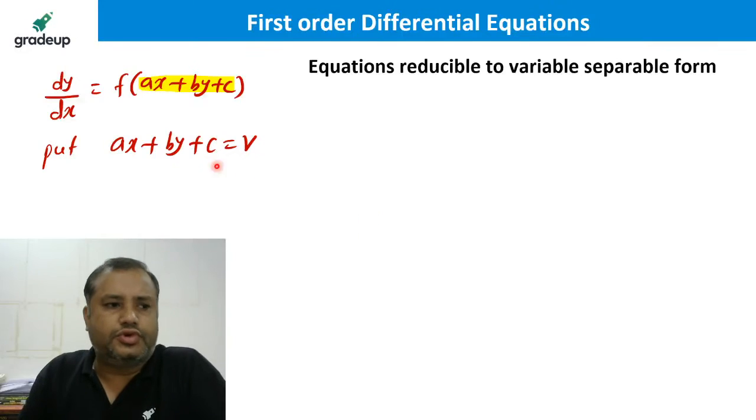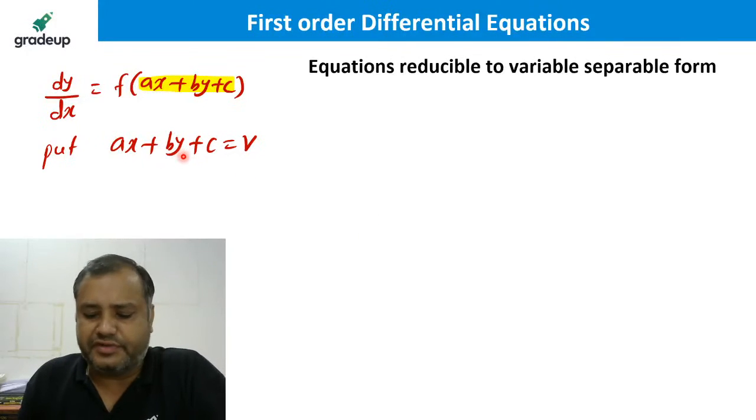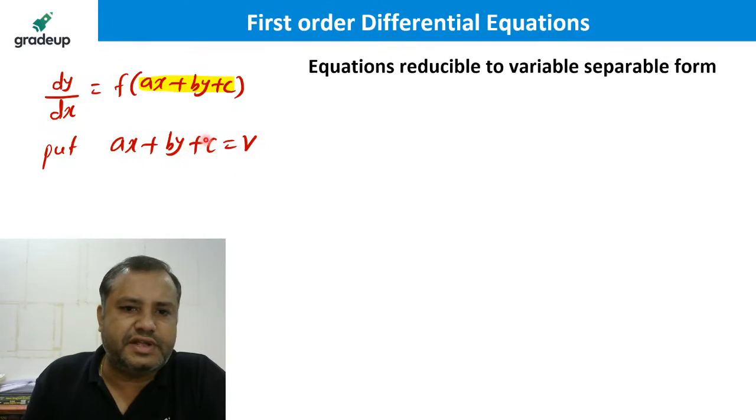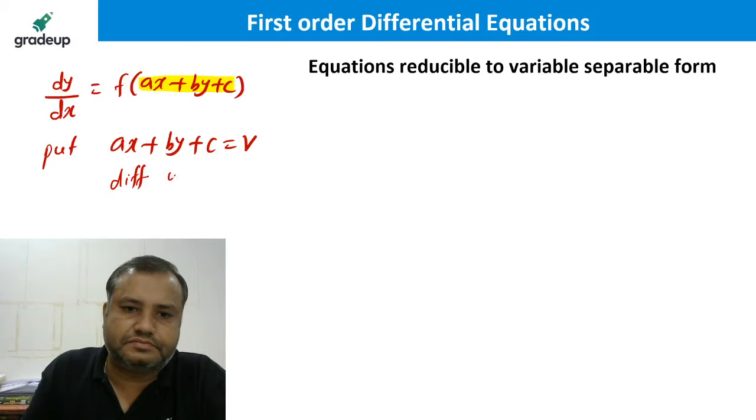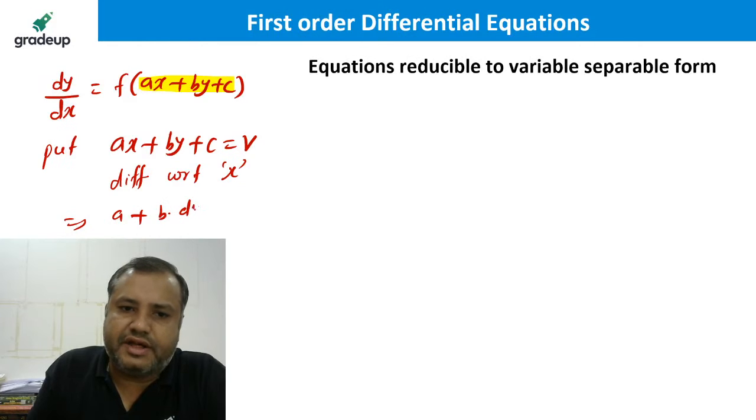Whenever you do a substitution in order to solve a differential equation, immediately differentiate this substitution with respect to the independent variable. So a plus b dy by dx equals dv by dx.